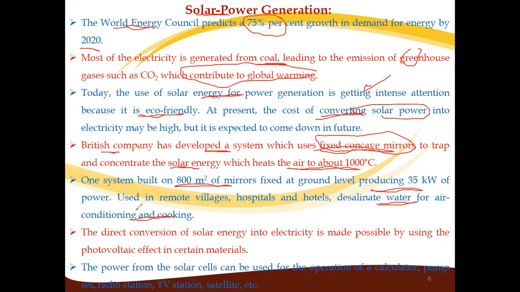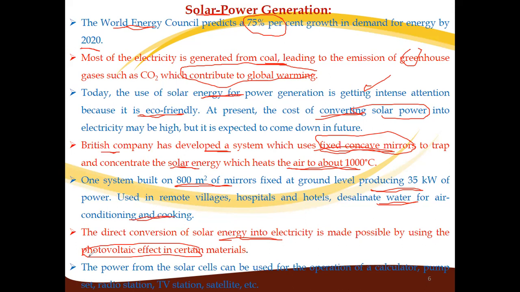Now, the direct conversion of solar energy into electricity is also possible using the photovoltaic effect of certain materials, the famous PV effect. Here there is a direct conversion of solar energy into electrical energy, that is PV cells, also called solar cells.